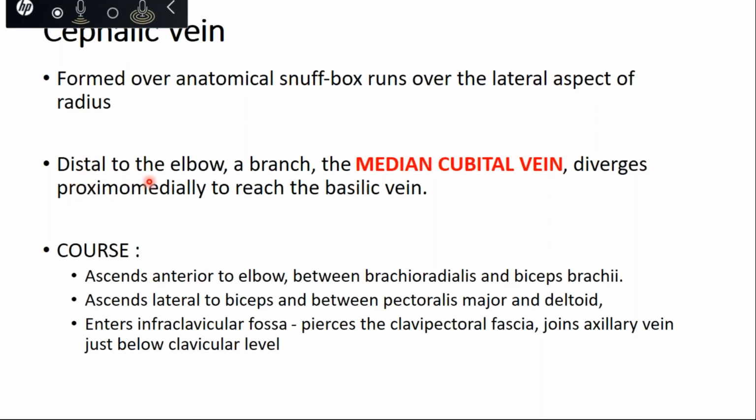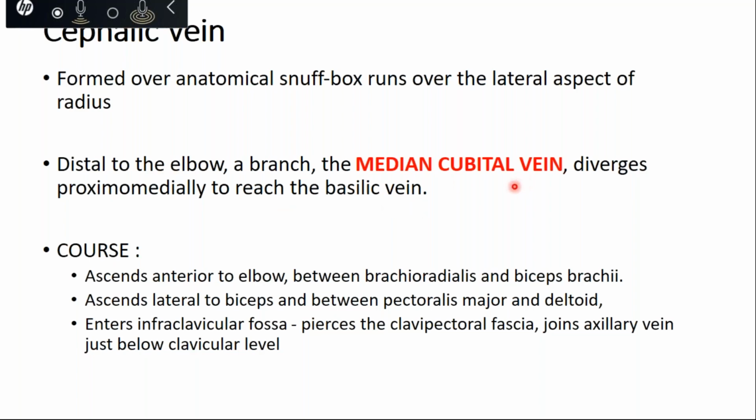Near the elbow, just distal to the elbow, there is a branch, the median cubital vein. The median cubital vein diverges proximomedially to reach the basilic vein.